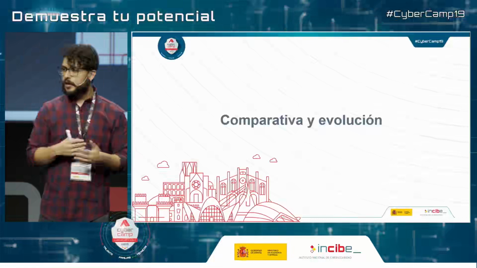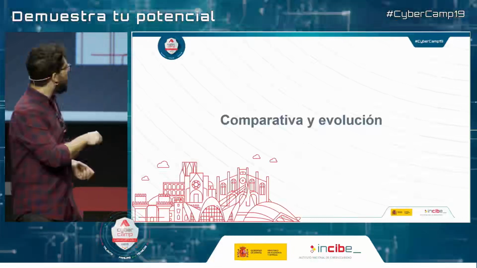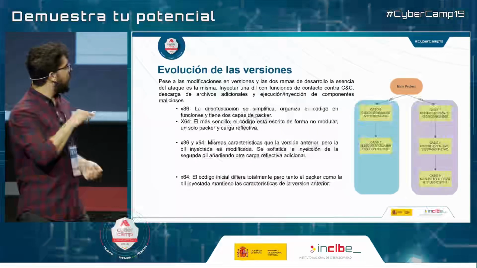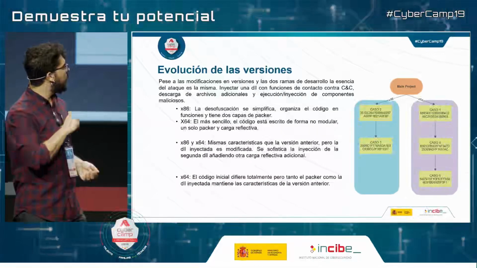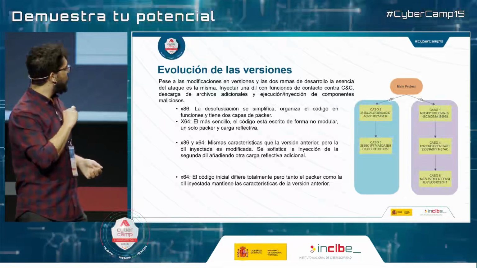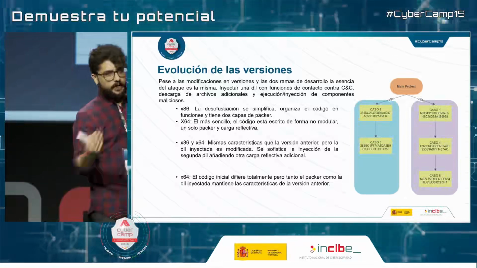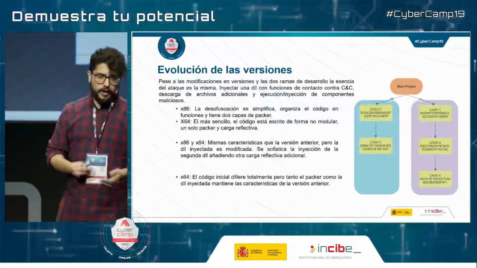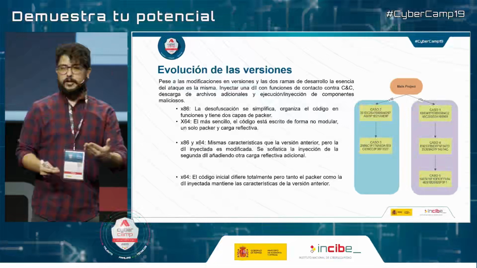And now, comparison and evolution. What's the look of that in a graph, in a diagram? So we have a main project in which we start organizing two cases, case 1, case 2, 32 and 64 bits. We see the double packaging.